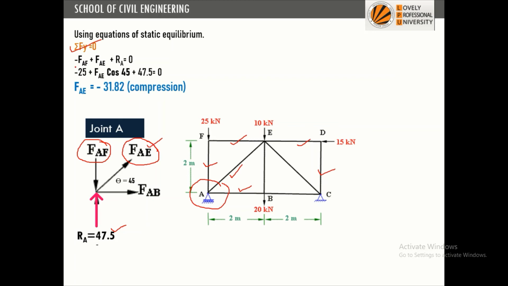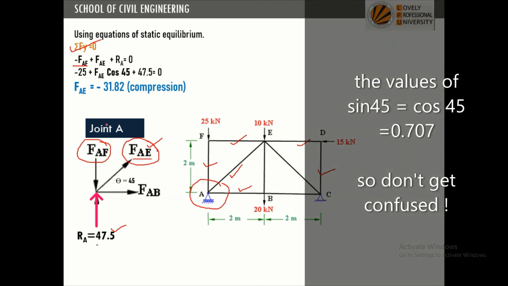FAF, that is downward, is taken as negative. Then after resolving this, we'll get FAE sin theta. Because the value of theta is 45 degrees, we can use sin 45 or cos 45 because they both are 1 by root 2 only.